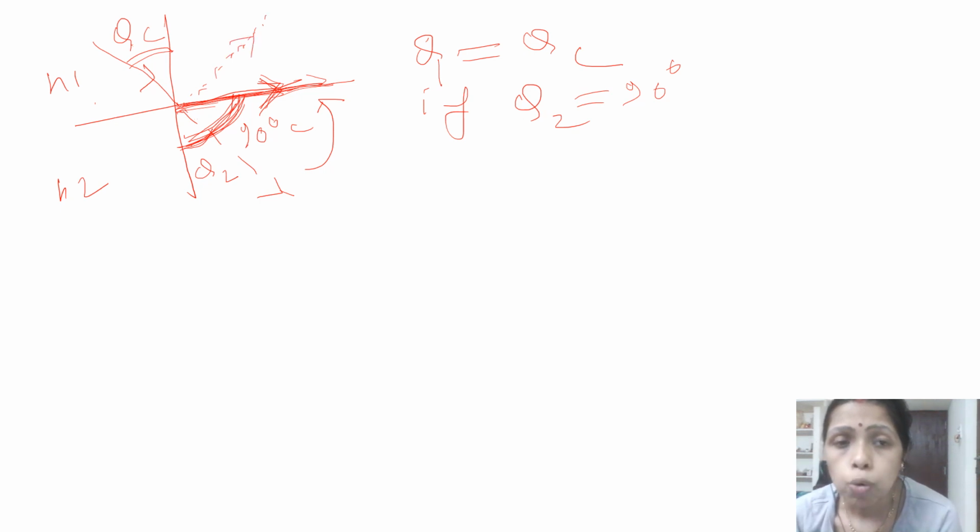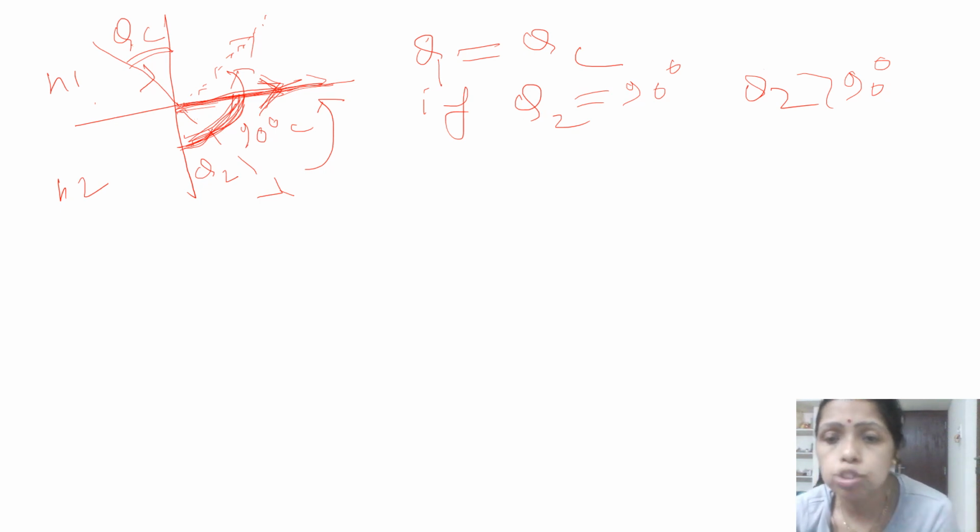Once the ray reaches this direction, it creates the critical angle. So for achieving total internal reflection, theta 2 should be greater than 90 degrees. So this is the critical angle, the minimum boundary for total internal reflection.